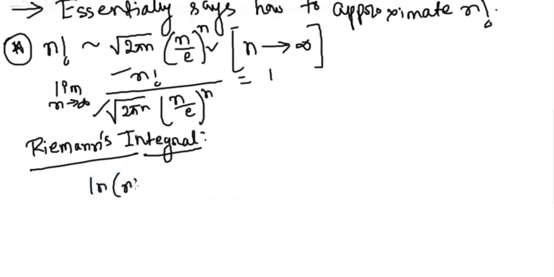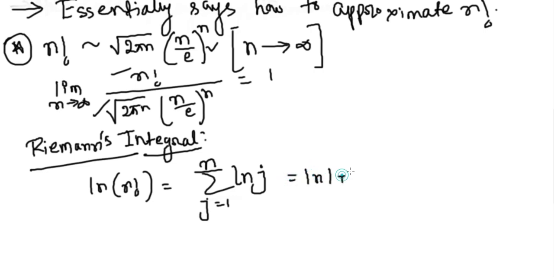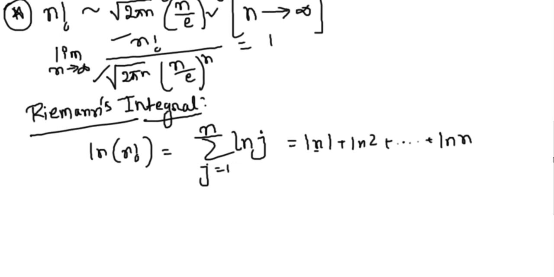So ln of n factorial is basically the sum from j equals 1 to n of ln j, right? This means it is equal to ln of 1 plus ln of 2 and all the way up to ln of n. This is because the logarithm of a product turns into a sum, and that's why it happens.